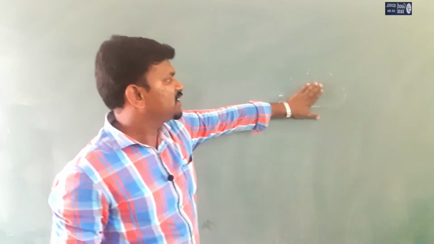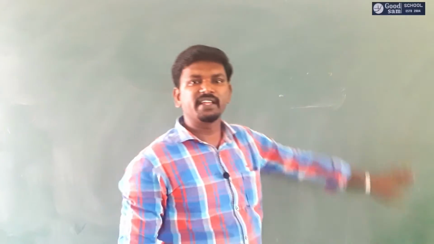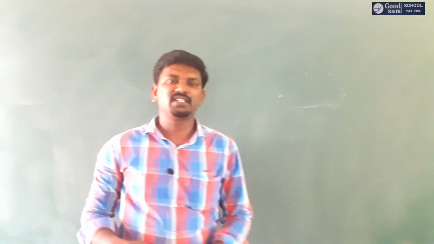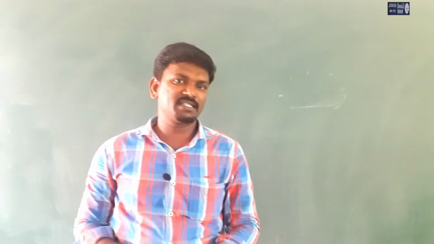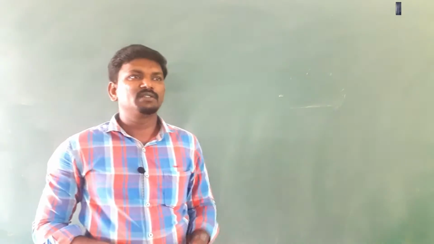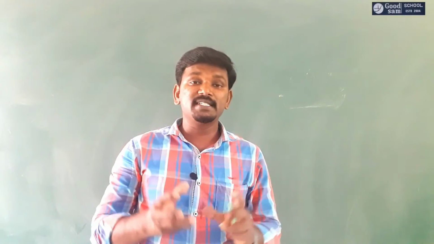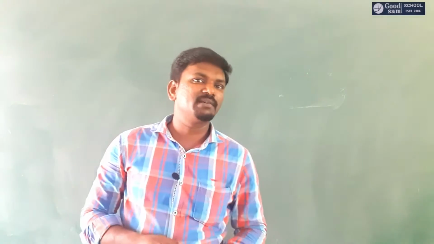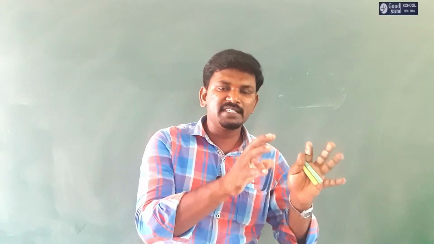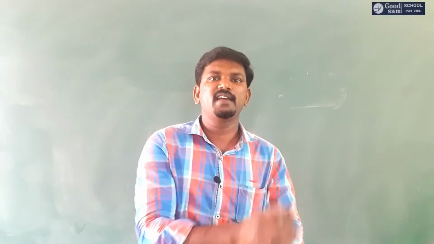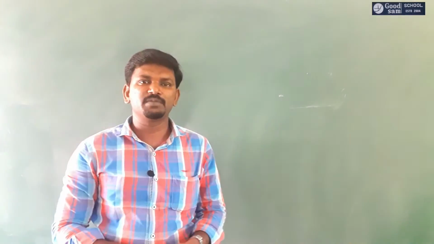A straight line drawn parallel to one side of a triangle will divide the other two sides in the same ratio. The statements are given in your textbook. As far as the theorem is concerned, you have to understand the meaning of the theorem in the statement. The entire meaning of the theorem is given and hidden in the statement of the theorem.